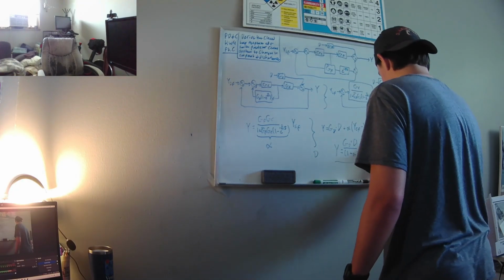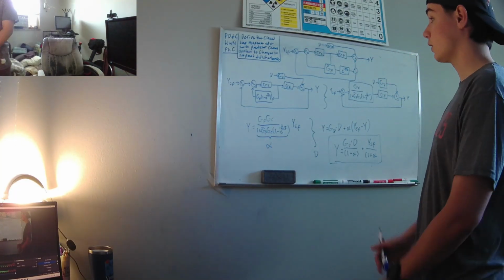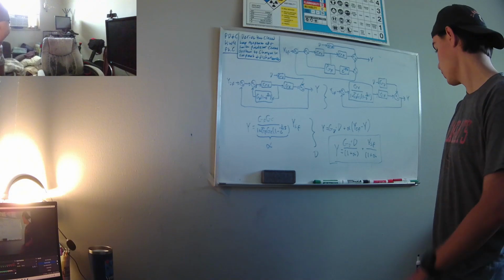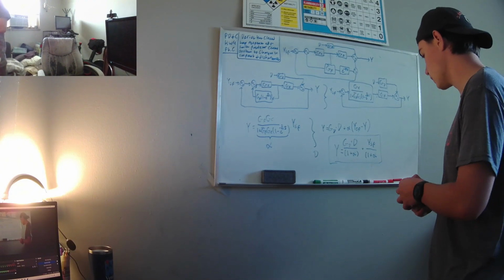And right there is our overall function for our closed loop Smith predictor control system. So now we can move on to Python and do a little bit of simulating to simulate this out.